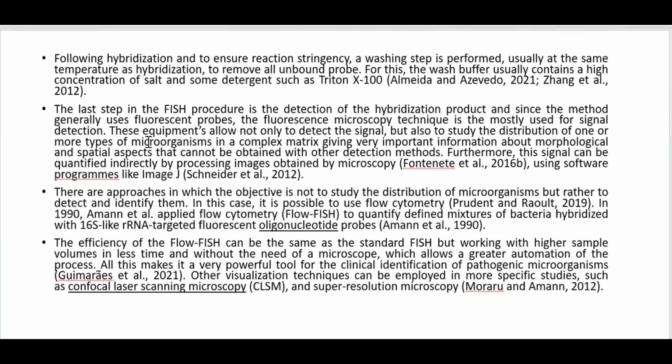You are going to visualize these fluorescence signals, and the efficiency of the system depends on a microscope which allows the process without loss of any signals. There shouldn't be any noise. These are the technological things where quenching can happen, because we are talking about the fluorescence phenomenon, right.